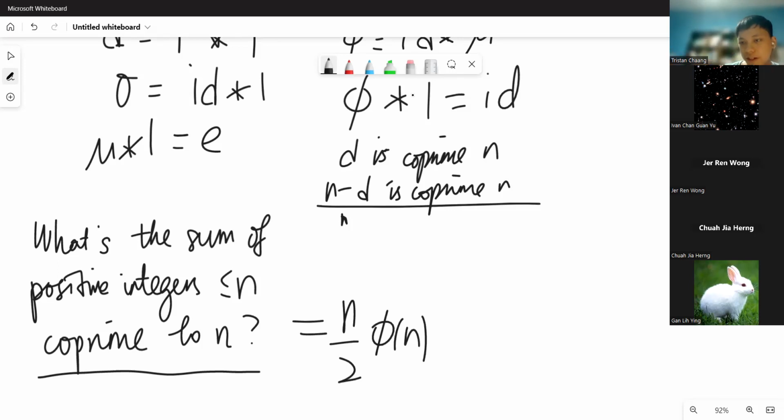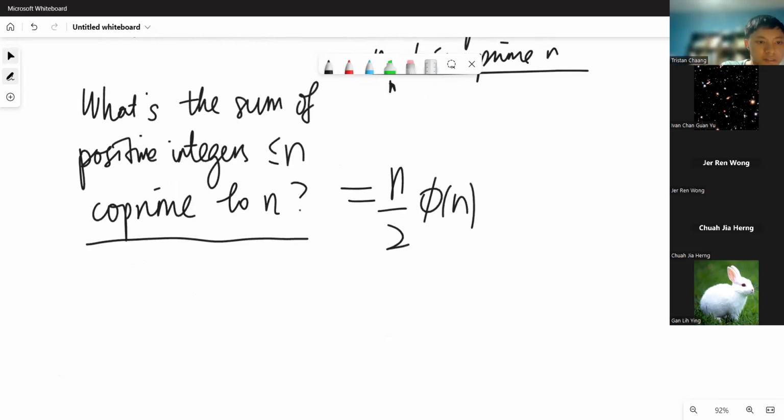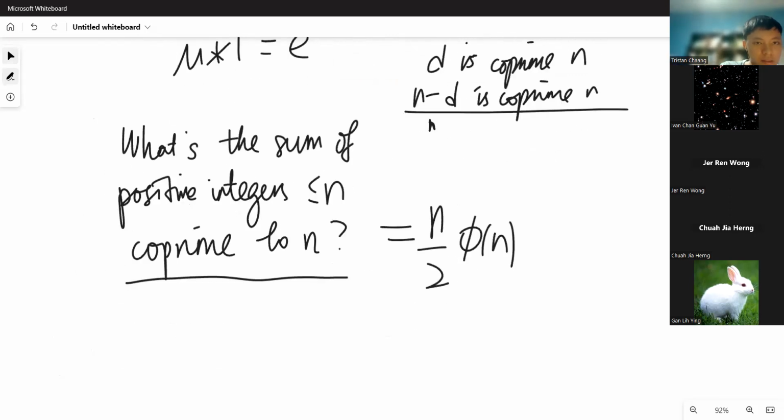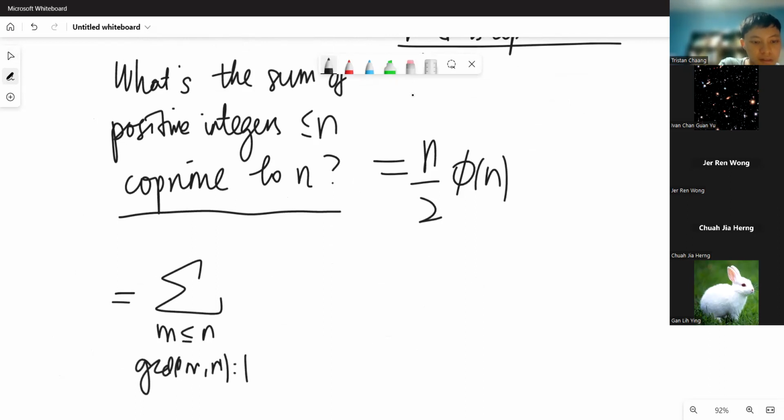But we can also do it via convolution if you want. So if you want to use convolution, basically it's this. So this is equal to the sum of all numbers m less than or equal to n, with GCD of m and n equals to 1, of m, right?